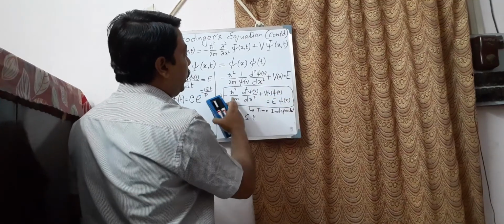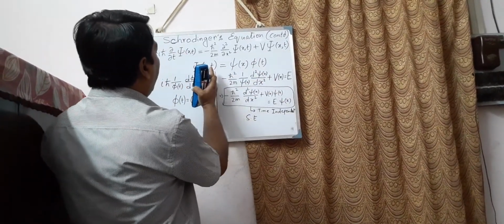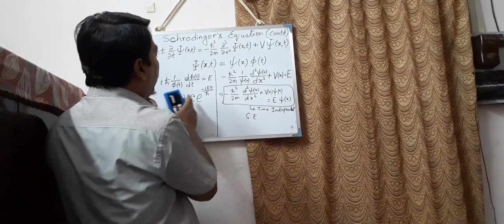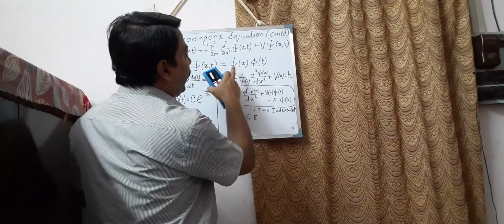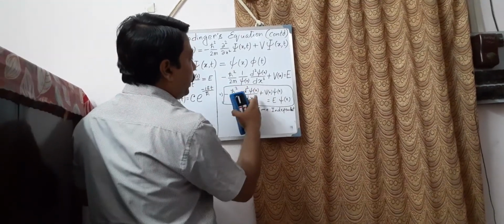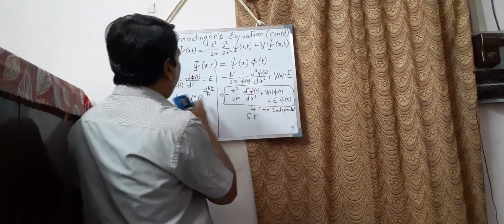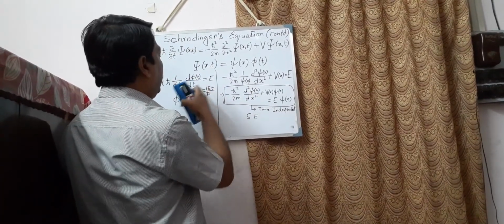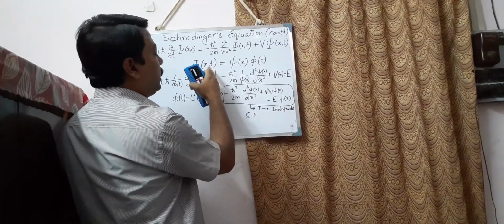Everything that you have here in this equation is dependent on x. The time part of the solution has already been obtained as c e to the power minus i E t by h cut, and if I solve this equation, I will get this small psi x, and this small psi x multiplied by this phi t that we have here will give me my complete wave function psi x t, which was my original aim.